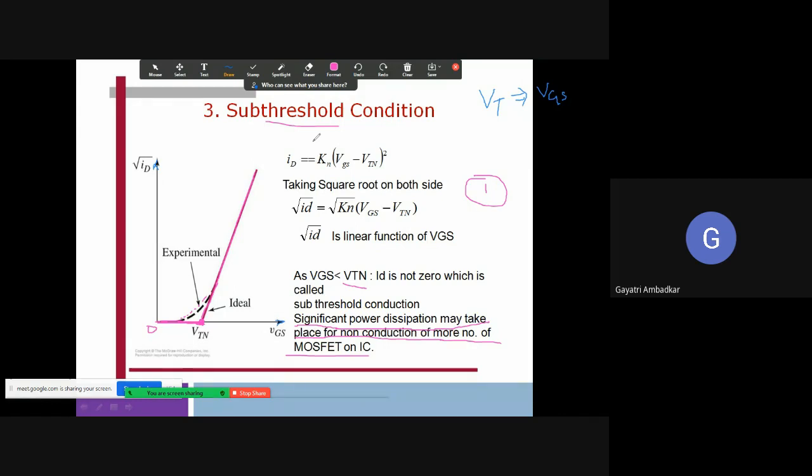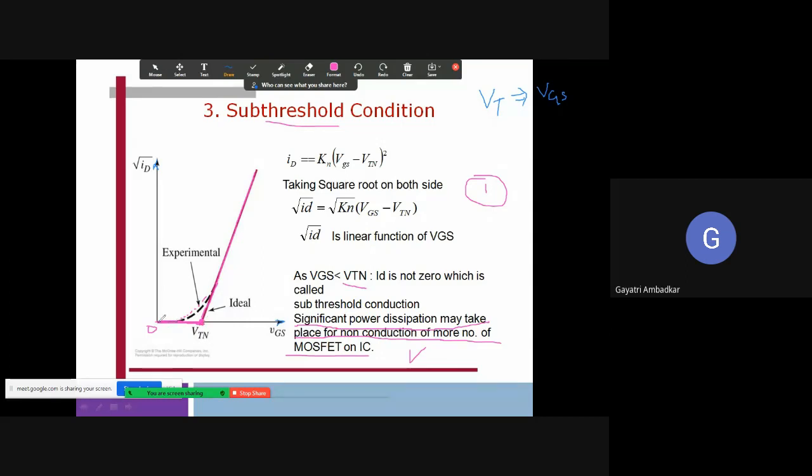Because the MOSFET will start proper conduction only after VGS reaches VT, but before that a very small current is flowing through the MOSFET. So for a single MOSFET there is no problem, but when there are multiple MOSFETs connected together, the small currents contribute to significant power dissipation in the MOSFET. So that is a problem. So what is subthreshold conduction? It is the flow of a very small, negligible current in the MOSFET for a value of VGS less than VT.